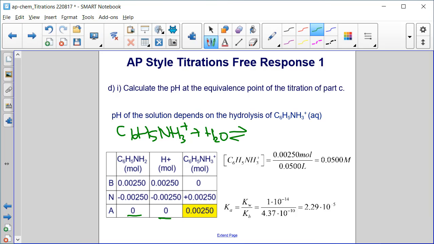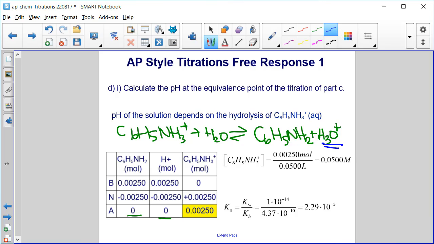We get C6H5NH2 plus H3O+, and we're going to use that to determine our pH. So this is what the pH depends on.